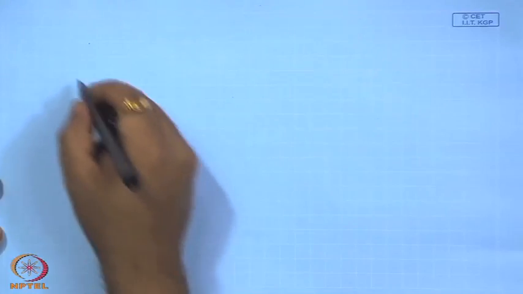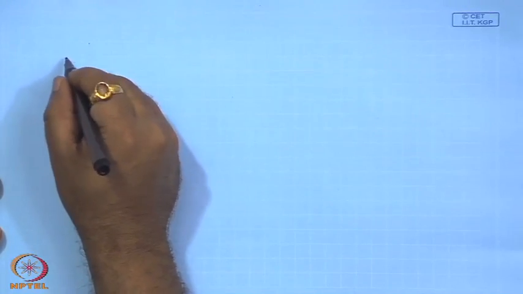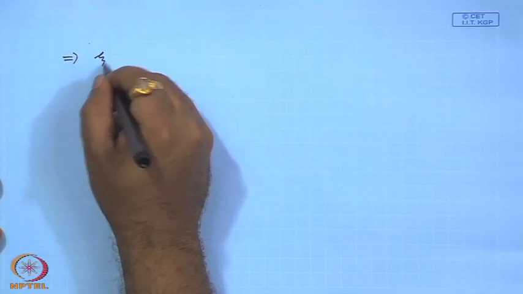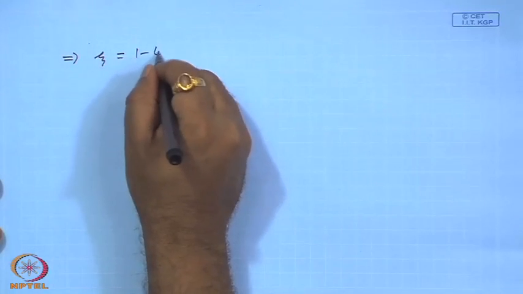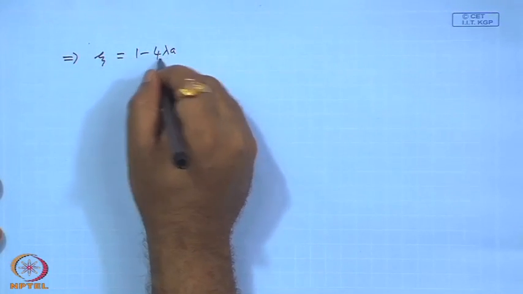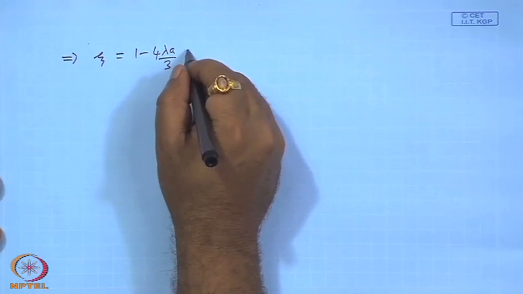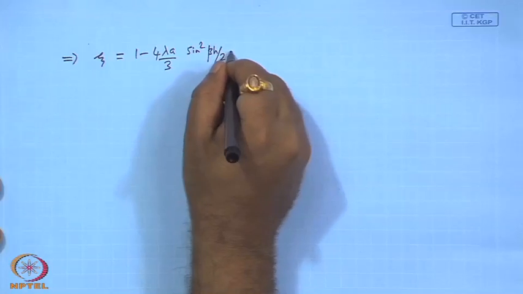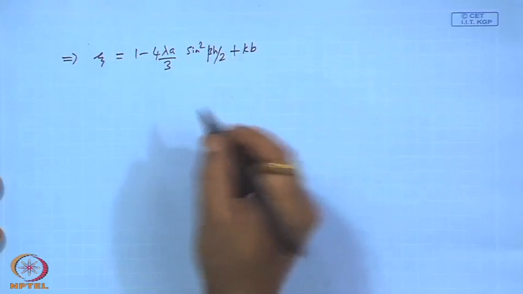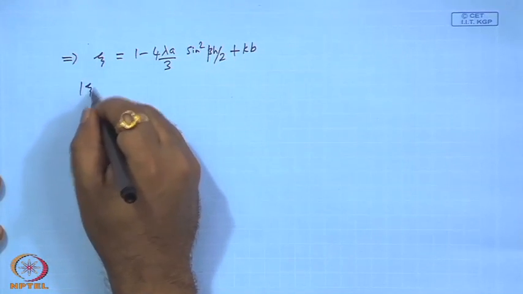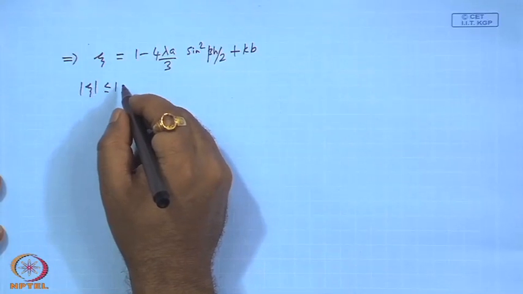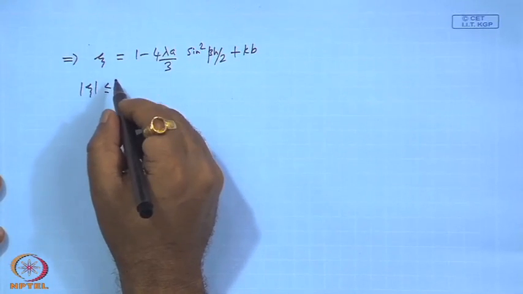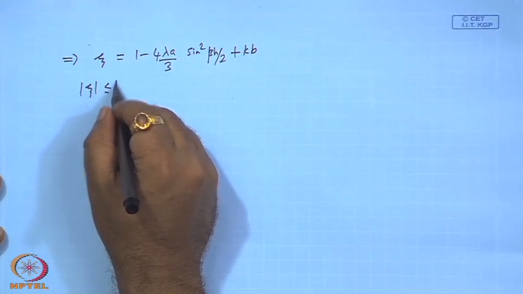So, this can be simplified. k b, and if we restrict the amplification, this will be.